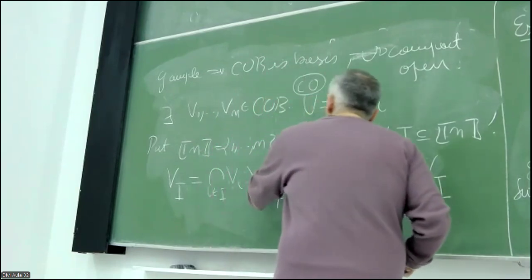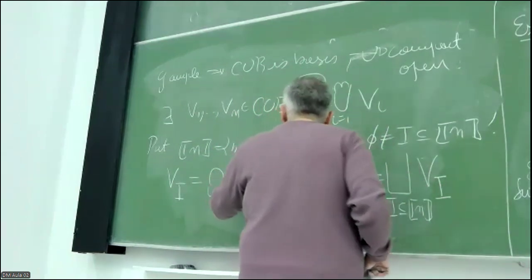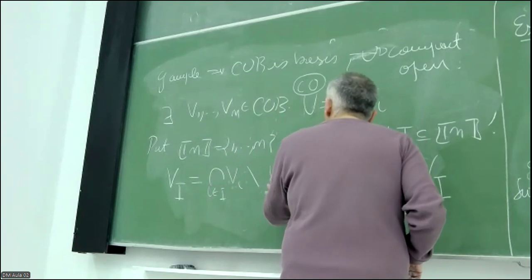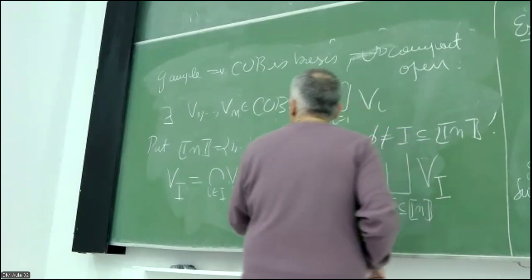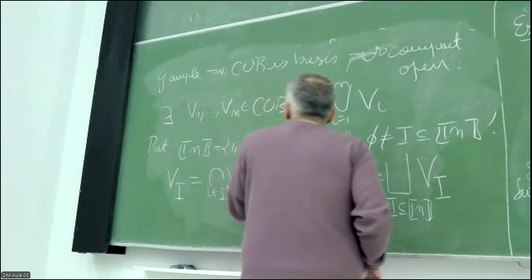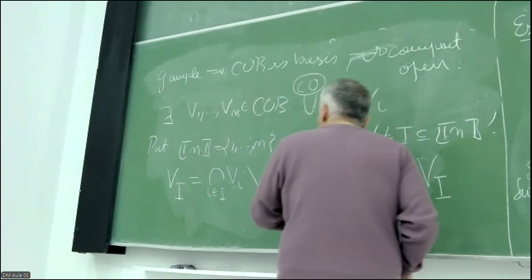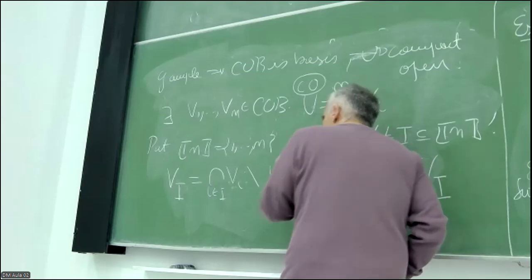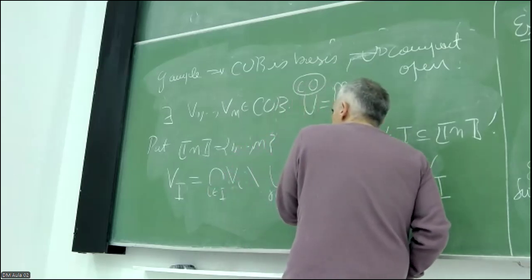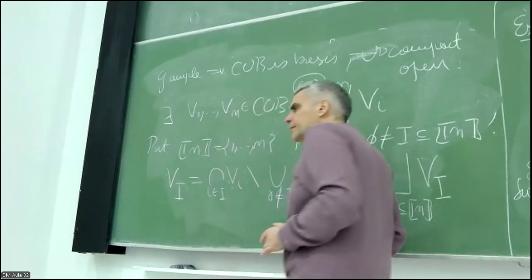Now I removed from this compact subset a union of open subsets. So I intersected, in other words, I intersect this with the complement of this inside U. And so I intersected with some closed subset. So this is again compact.